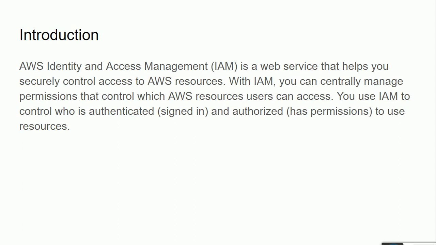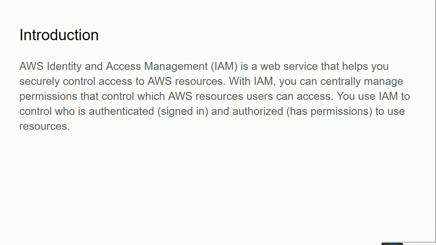This basically provides a security layer on access to different AWS services. As we know, AWS provides a numerous number of services, around 200 plus. So each and every service will have some security aspect to access it.